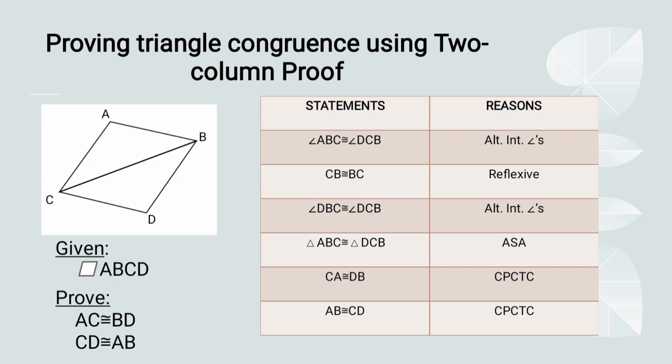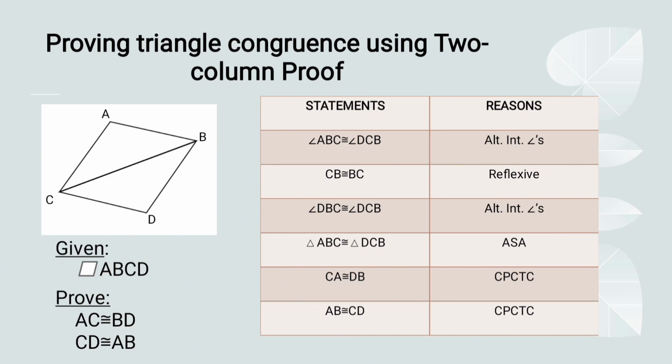Our next statement is triangle ABC is congruent to triangle DCB. Our reason is the angle-side-angle congruence postulate. This angle and this angle are congruent, this is the so-called acute angle, and this one is congruent as well, that's the obtuse angle. So by the use of the angle-side-angle postulate, we can consider this equal as well.